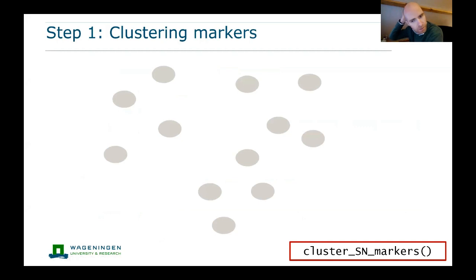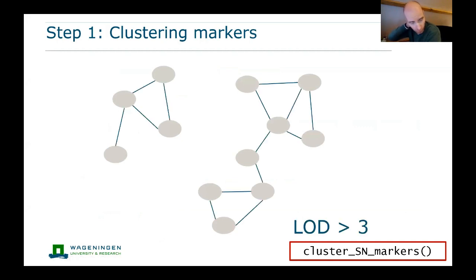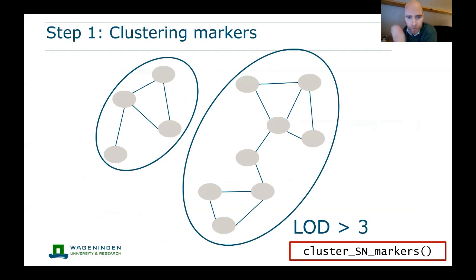The clustering of markers is, well, you can imagine it like this. If these are markers, what we do is we look at how they cluster together over a range of different thresholds, significance thresholds. So for instance, at a low LOD score, you probably get a lot of clumping together of markers, and you probably don't identify as many clusters as you wish.